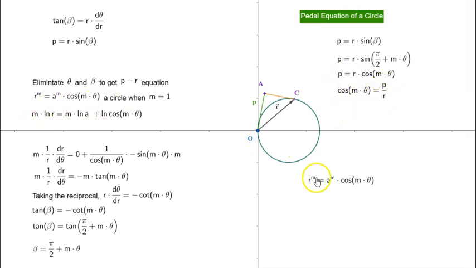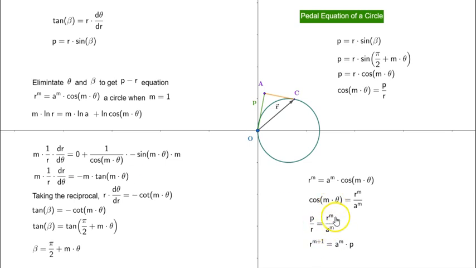Let's again bring back our original equation or original curve. r to the power of m is equal to a to the power of m times cos m theta, which means cos m theta is equal to r to the power of m by a to the power of m, which means P by r, because cos m theta is P by r. P by r is equal to r to the power of m by a to the power of m.